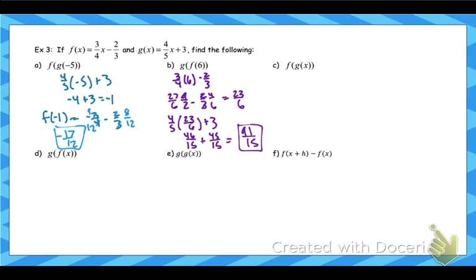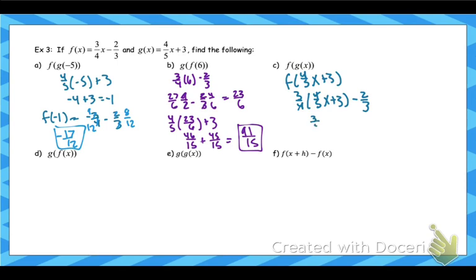All right, f of g of x. So this is going to be f of 4/5 x plus 3. So this becomes 3/4 times 4/5 x plus 3 minus 2/3. So when I multiply, distribute that 3/4, those 4s will cancel.